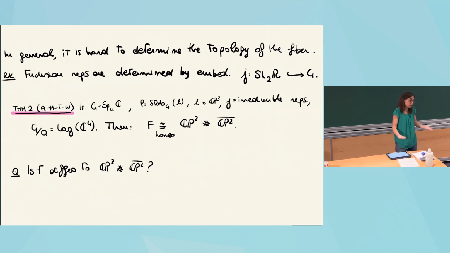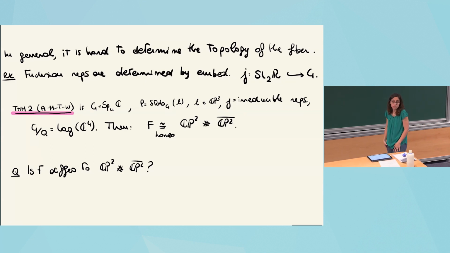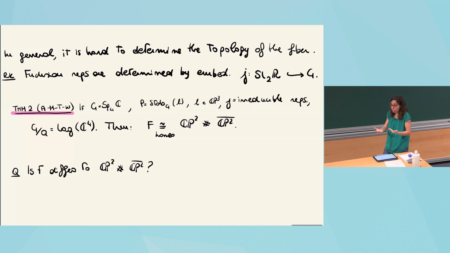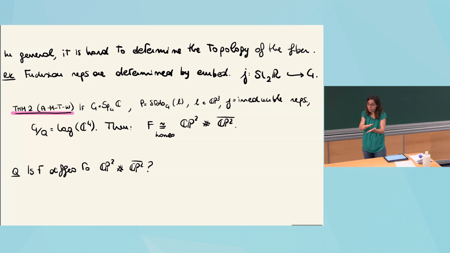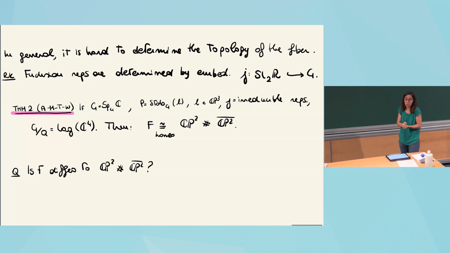but so in general, the topology of the fiber is hard to calculate, and so what we can do is in one case, the case of Sp4C, when you look at the irreducible Fuchsian representation, and we look at the domain of discontinuity in the Lagrangian of C4, we know the homeomorphism type of the fiber.